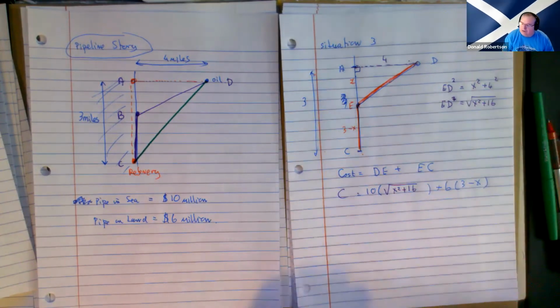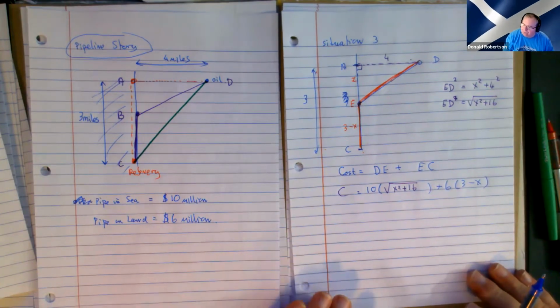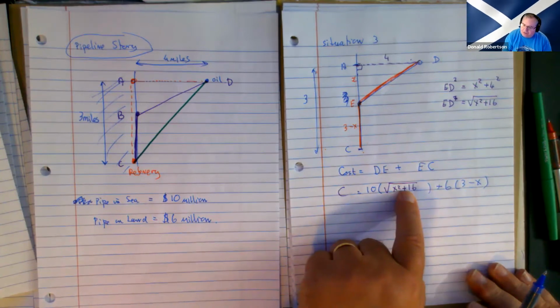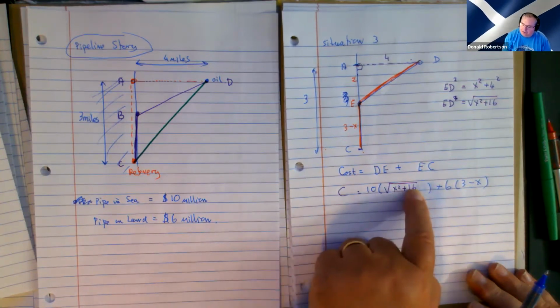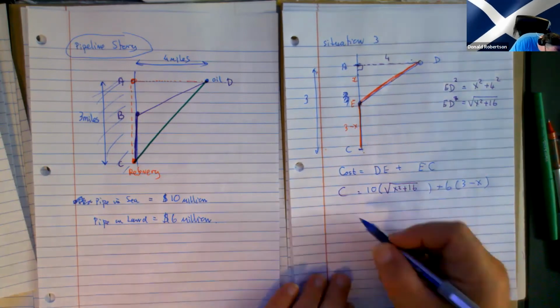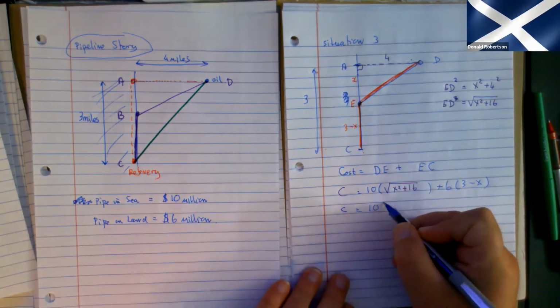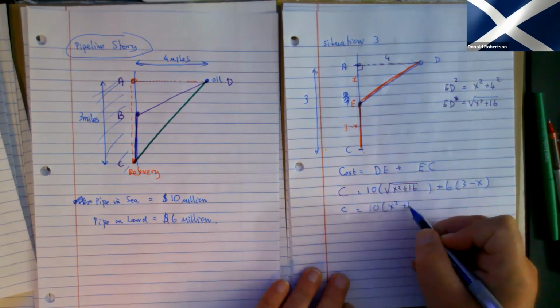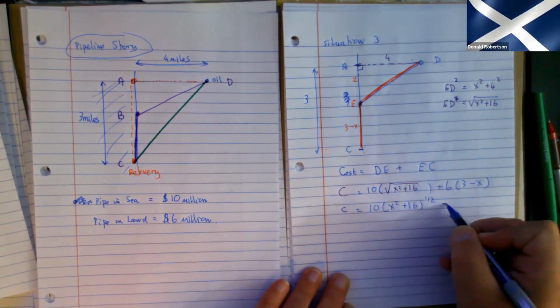You agree that is one ugly looking function, but that's it. This is basically the cost to go by sea plus the cost to go by land. Multiply it out and convert it into the format that we need for differentiation.